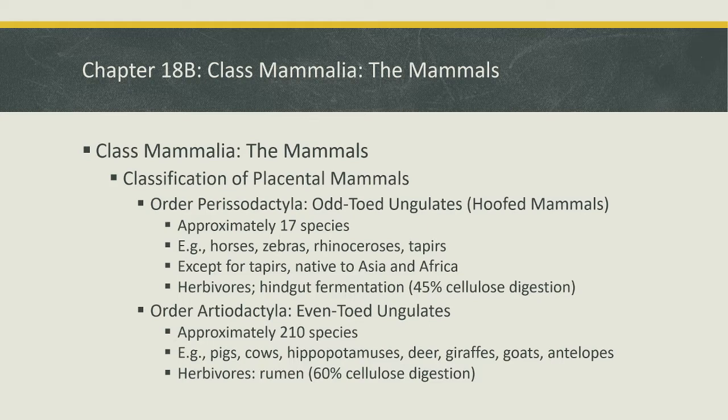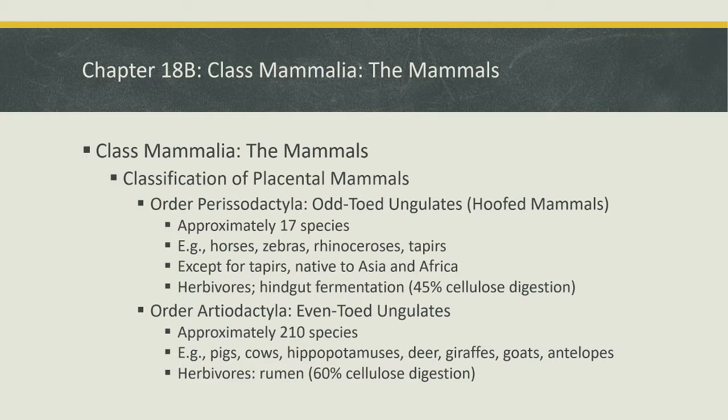In the case of the odd-toed ungulates, they have hindgut fermentation. I have an image on the next slide that also explains a little bit about that. There's a process that goes on that breaks down the cellulose so they can get energy from it, so it can act as a food source. And they get about 45% of the energy out of the cellulose.